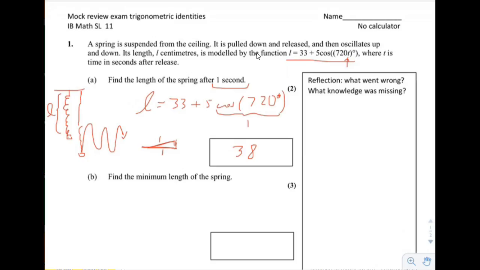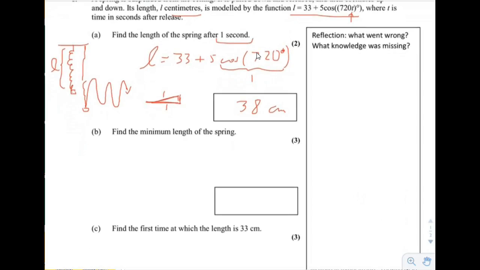Centimeters, I guess, yeah. It says centimeters. Find the minimum length of the spring. Okay, so, given this function, 33 plus 5 times cosine of 720t degrees, you could say, okay, when exactly is the minimum? But you know that when you have a cosine function, the most extreme values it takes are between -1 and +1.